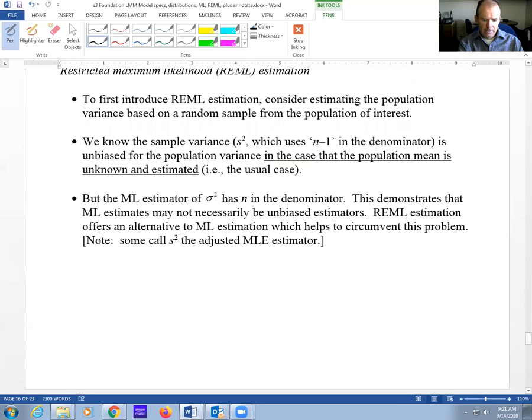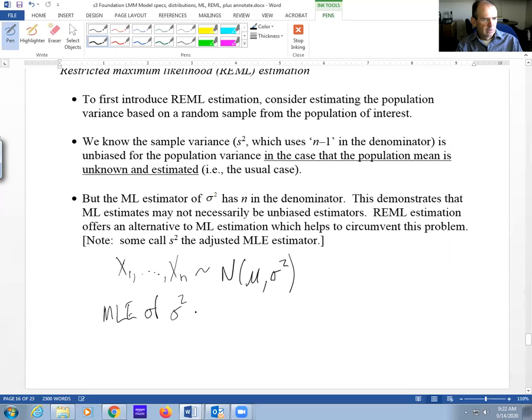So we're drawing from a normal population. So we have x1 to xn, normal, mean mu, variance sigma squared. What is the MLE of sigma squared?